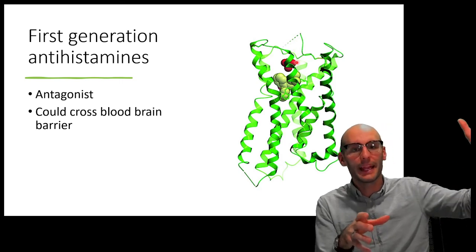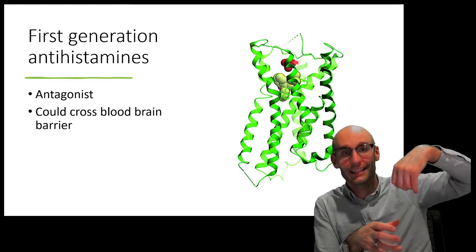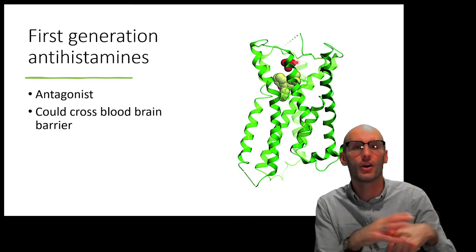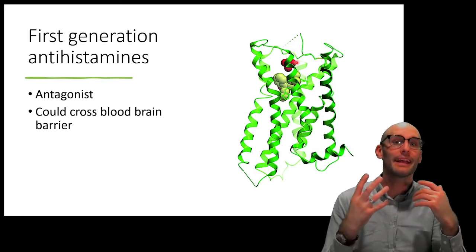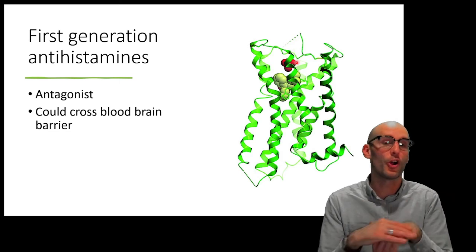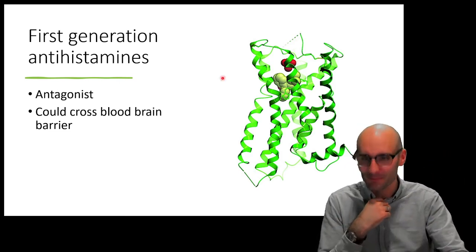So histamine can't come in and activate the histamine receptor when the antihistamine drug, a small molecule drug, is now sitting in the pocket of the histamine receptor. So it acts as an antagonist, like an incorrect key in the lock, the door won't open, so the correct key cannot get into that lock and open the door either.